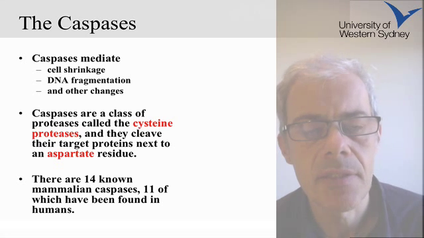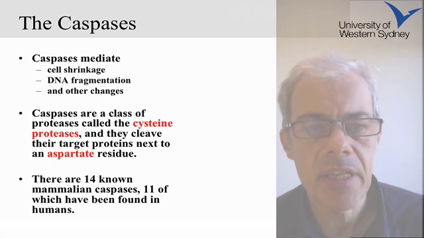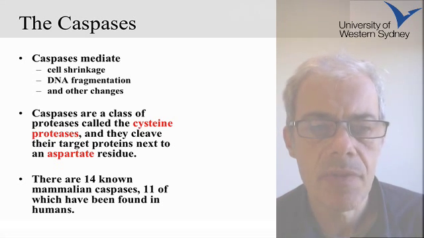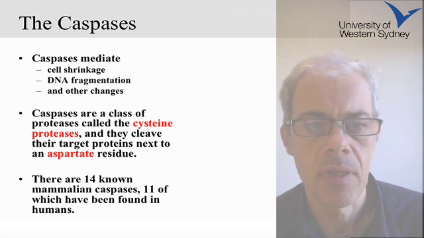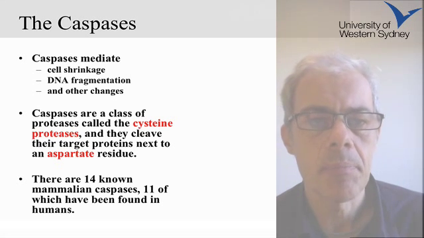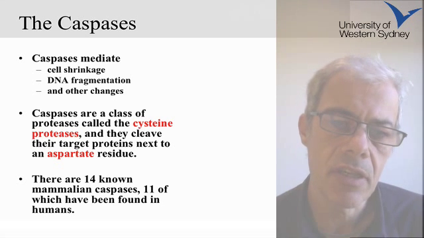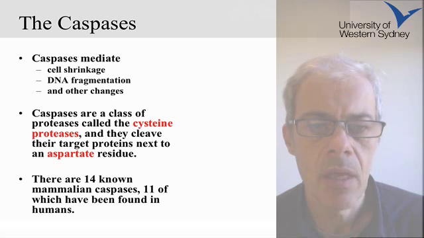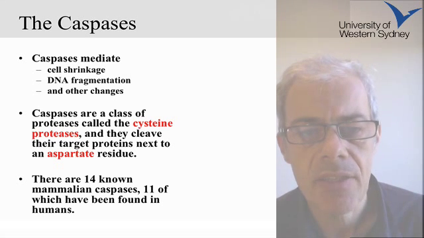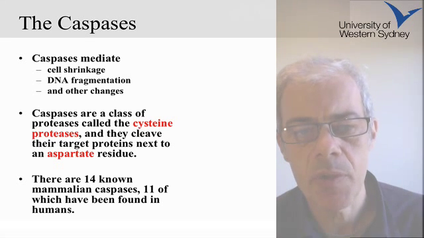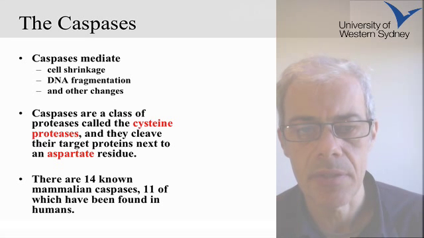In both cases, apoptosis is mediated by proteins that are referred to as caspases. So these caspases mediate the cell shrinkage, the DNA fragmentation, and other changes that have been described. Caspases are a class of proteases, so they're proteins that cleave other proteins.